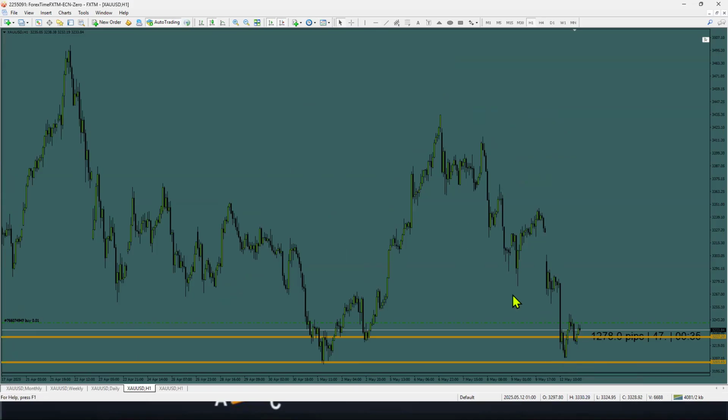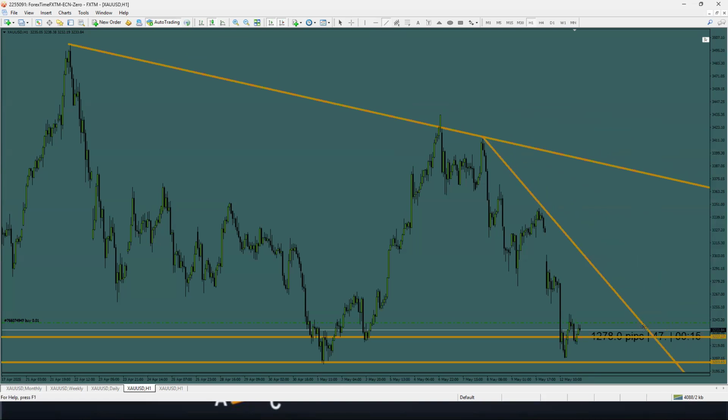Now, for me, what I've done is that I've entered aggressively. But a conservative trader will first of all draw this trend line, right here, to this point, and stop.